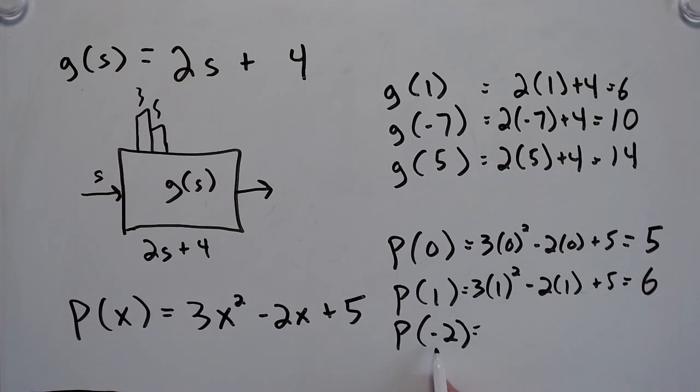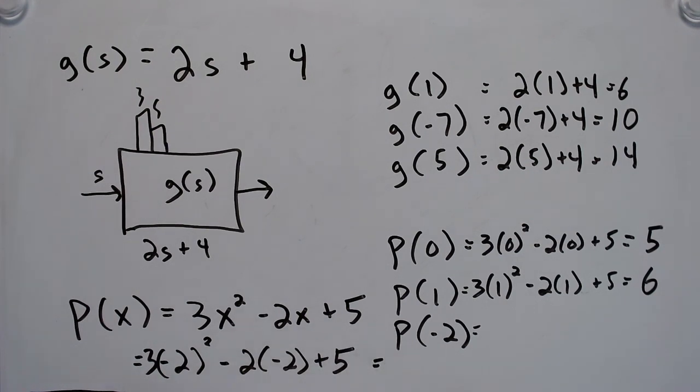Alright, so this might be a fancier one. Do we have room to squeeze this in? Let's just do it over here, maybe. This might be a little bit more math. So it's going to be negative 2, 3 times negative 2 squared minus 2 times negative 2 plus 5 equals. So negative 2 squared is 4. 3 times 4 is 12.